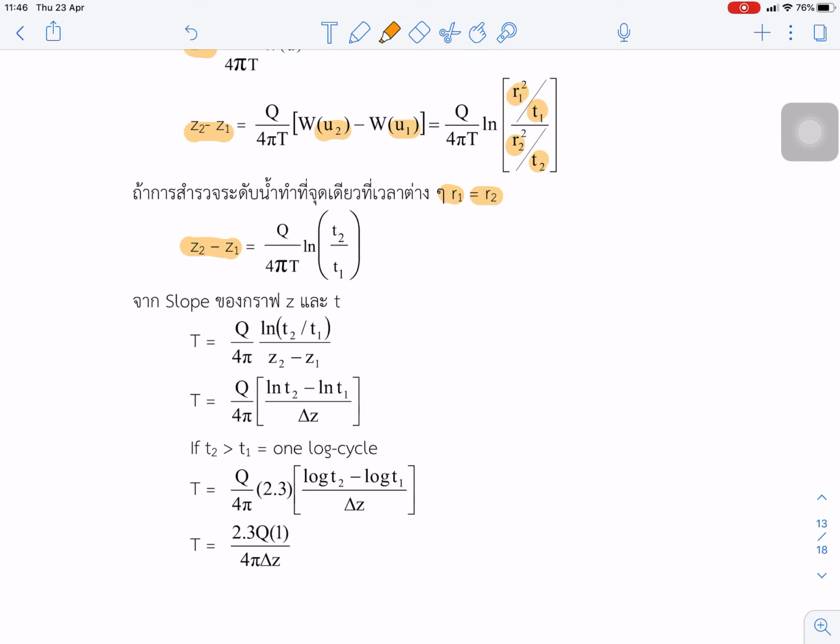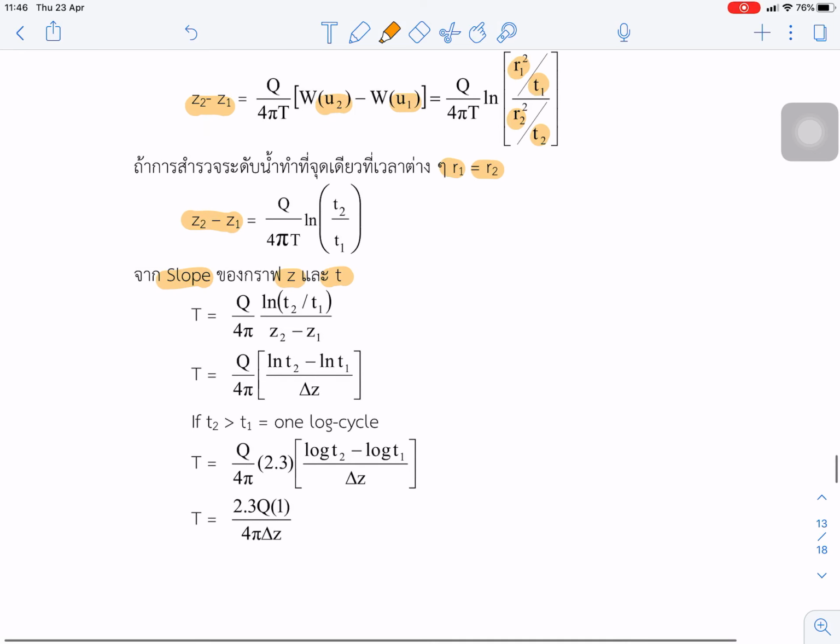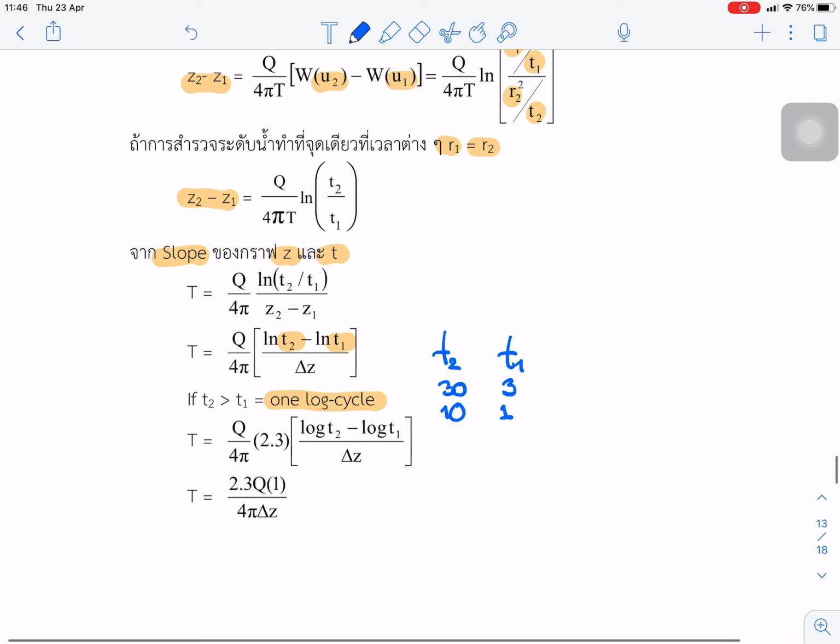Next step, we plot the graph between drawdown and time. If we choose times t1 and t2 in one log cycle, for example, t1 is 30 and t2 is 300, or it can be 1 and 10, it means t1 and t2 differ by one log cycle.